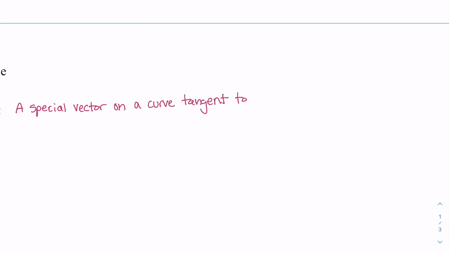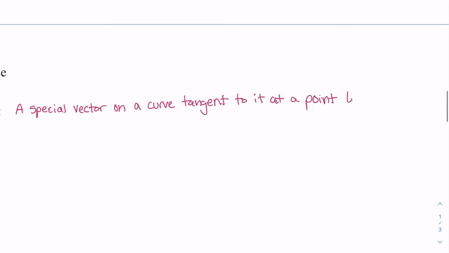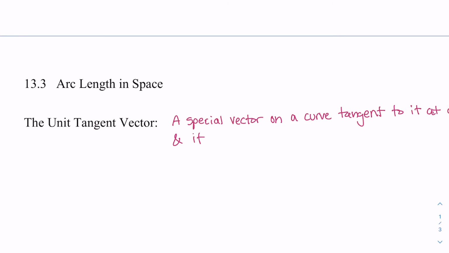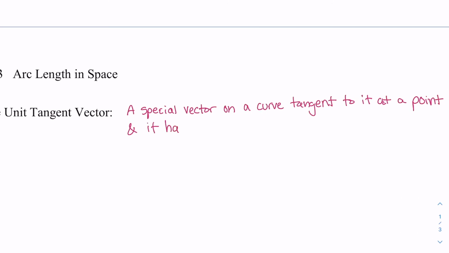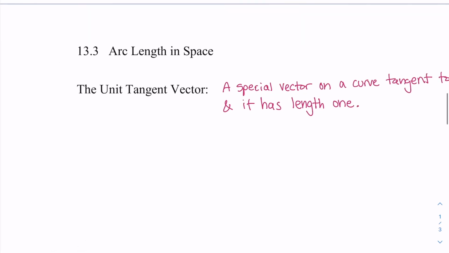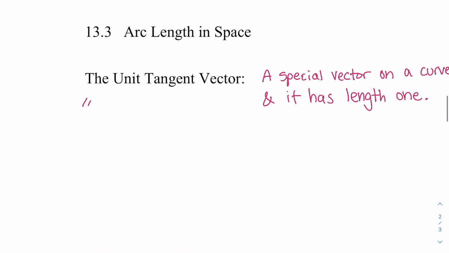So it's tangent to the curve at a point. I'll call that point t naught. And you can imagine from the name, the unit tangent vector has length 1. And the notation we use for the unit tangent vector is typically capital T with the vector hat. So that's the notation I'll use for denoting it's a unit tangent vector.